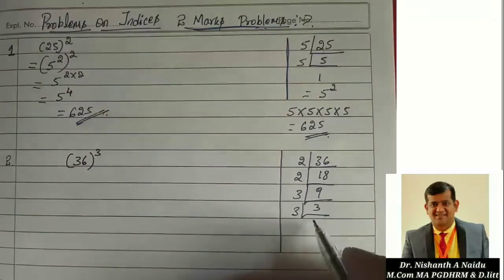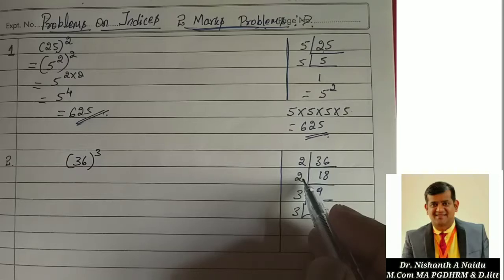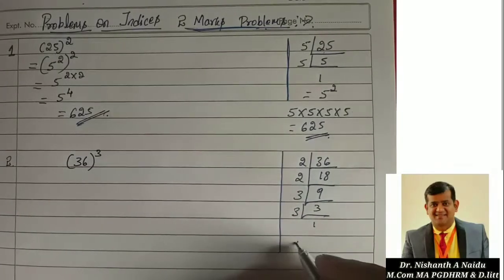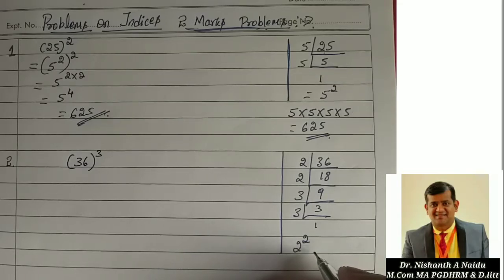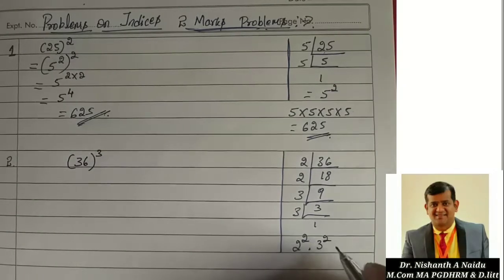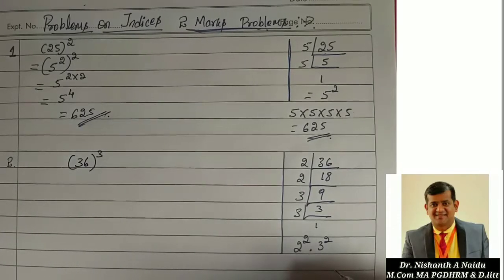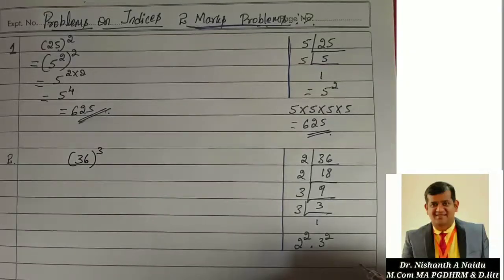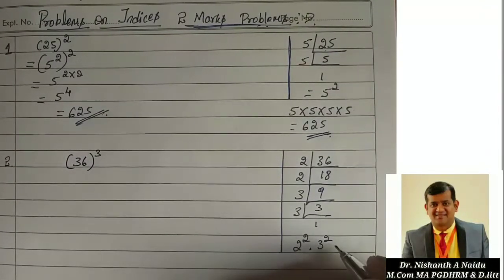So now you get the LCM: 2 two times and 3 two times. That is 2 to the power of 2 and 3 to the power of 2. Now this we have to convert. How much LCM have you got? 2 to the power of 2 and 3 to the power of 2.